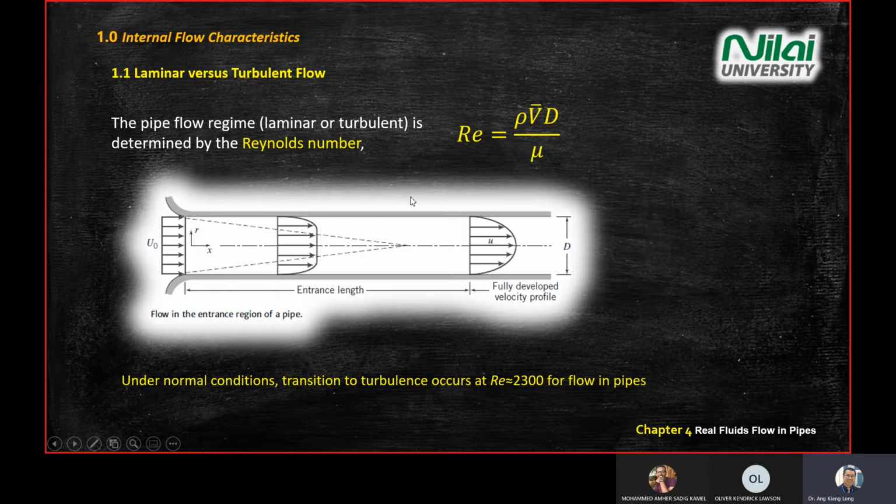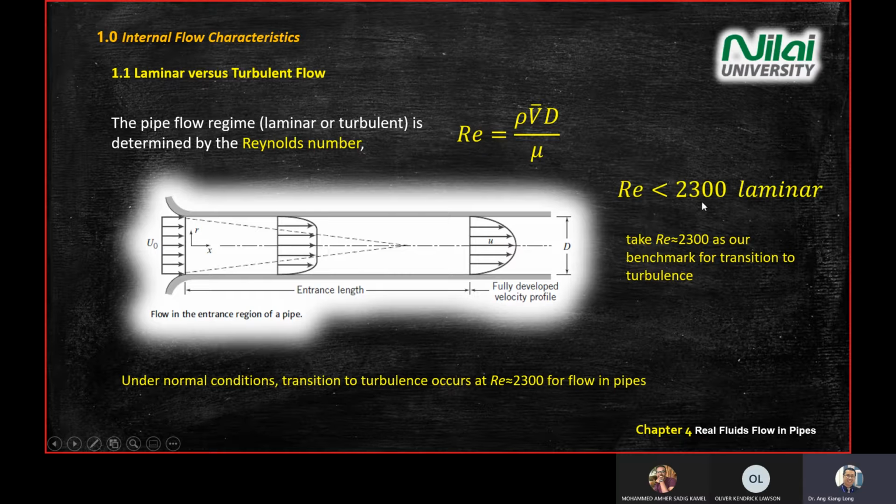There is one magic number that you should remember for Reynolds number, which is 2300. If your Reynolds number is less than 2300, you can define that you are having a laminar scenario. Then you use the equations for the laminar situation, starting from chapter 4. Every time you solve an exam question or assignment question, you start with the Reynolds number.